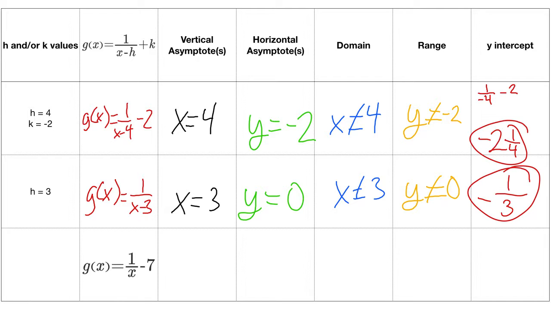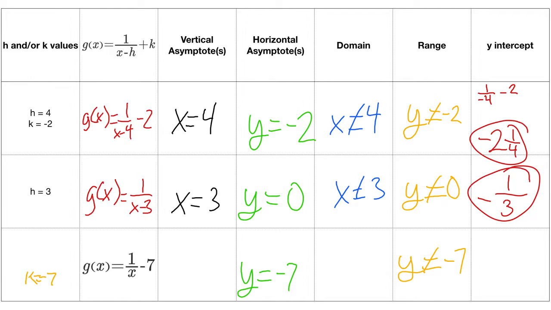Well, let's look. I have a k value in this case. The k value is negative 7, which means, by the way, y equals negative 7, and my range is y does not equal negative 7, because negative 7 is my horizontal asymptote, meaning where it'll never quite touch.